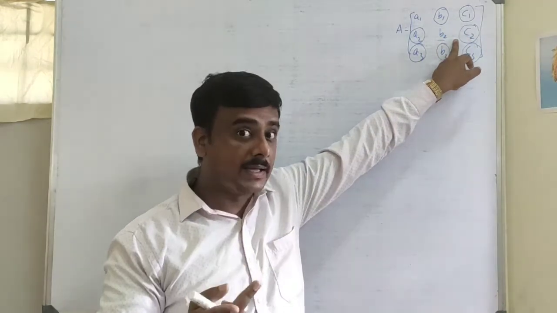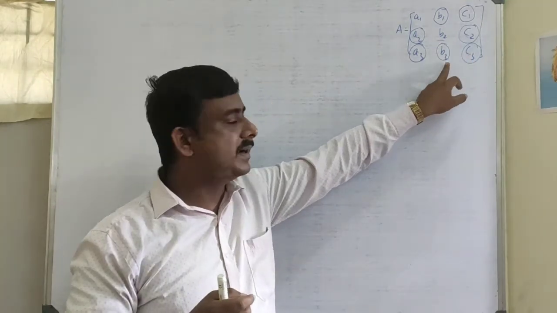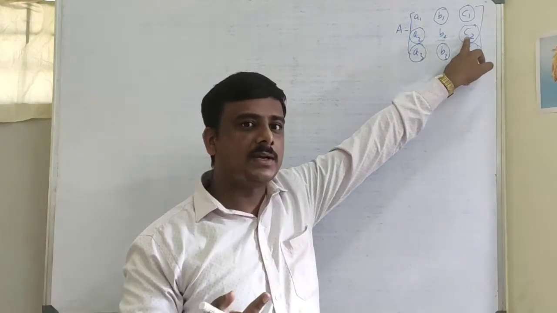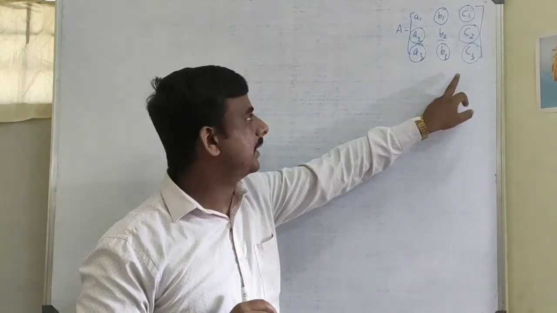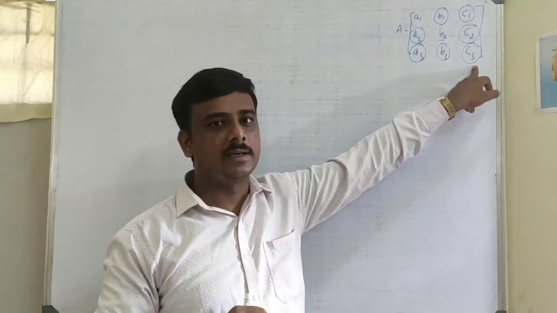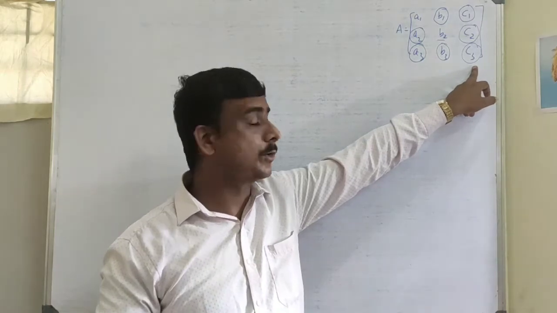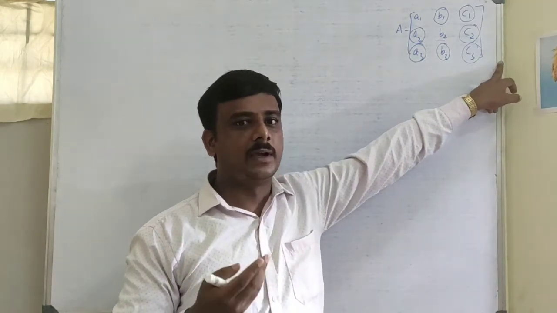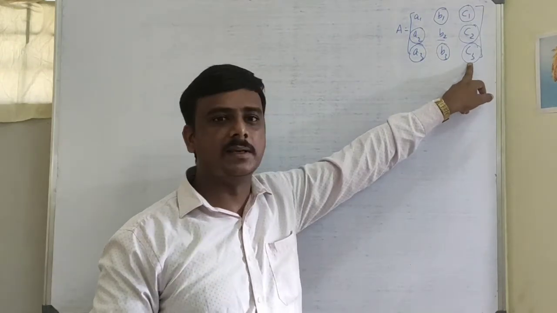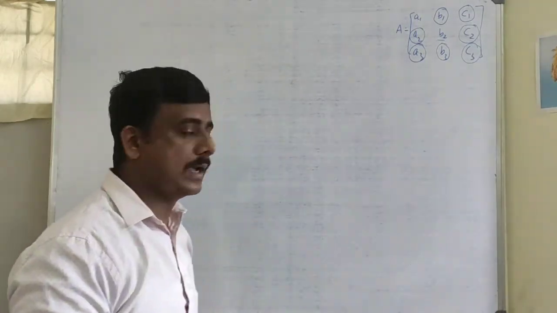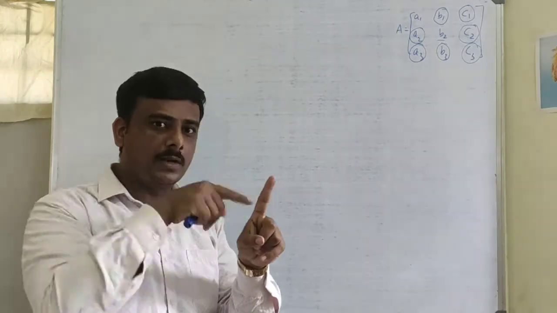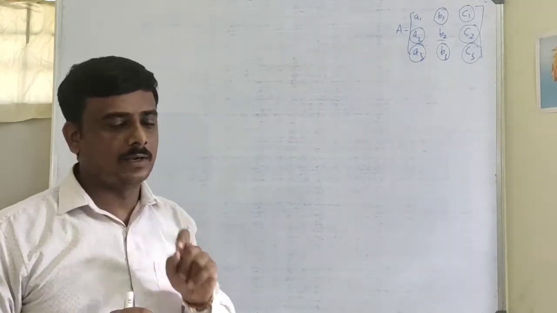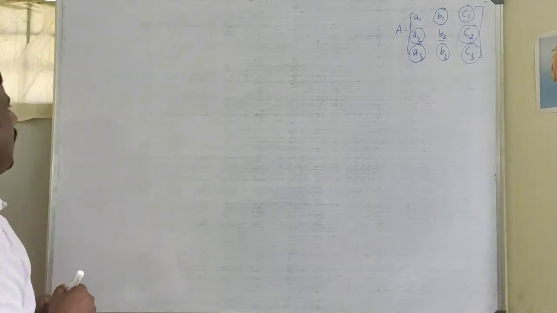Next, come to the second diagonal entry and do the same. Next, the third diagonal entry: if you have a 4 cross 4 matrix, make these two entries 0. Otherwise, if you have only a 3 cross 3 matrix, make this entry 1. So I have to make diagonal entries 1 and all other entries 0, so that it is reduced to I_R, the identity matrix of order R.